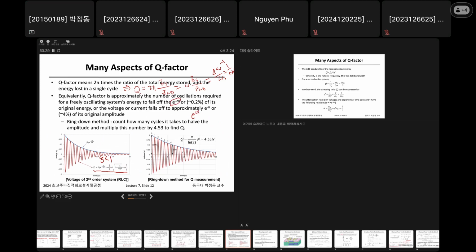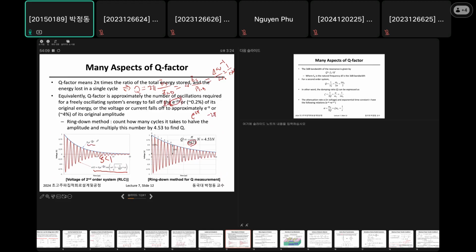So just take a ln, and this is a minus 2 pi. You just count how many cycles you take to halve the amplitude. So this is the half amplitude. Using this observation, Q is just pi divided by ln 2 from this.